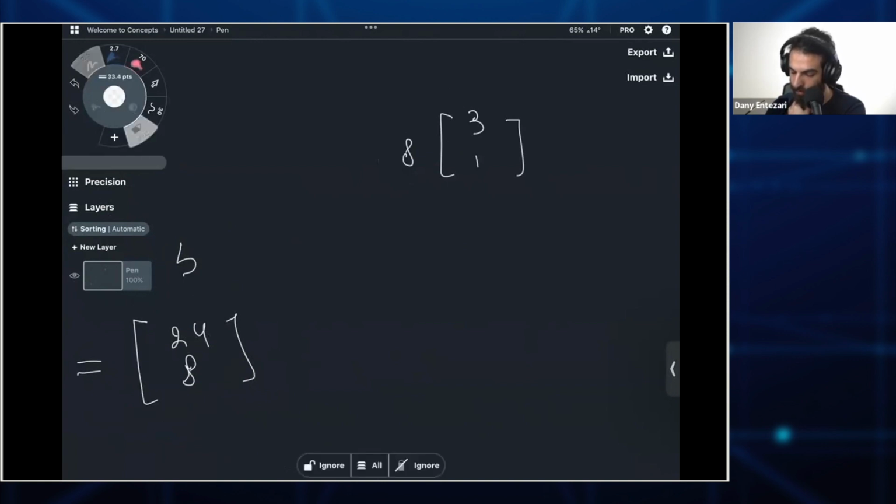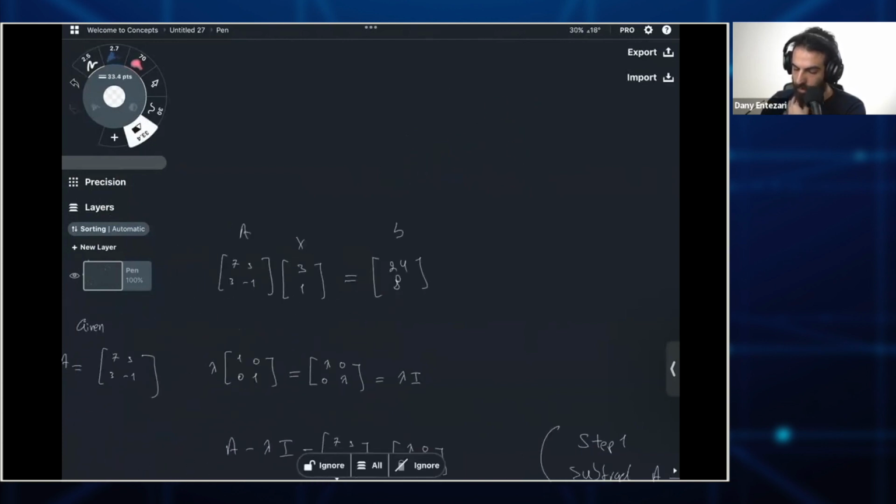All right. This is how you find the eigenvalues and eigenvectors for a 2x2. I don't want to say tedious, but you have to first find the difference of the matrix and the identity matrix multiplied by lambda.